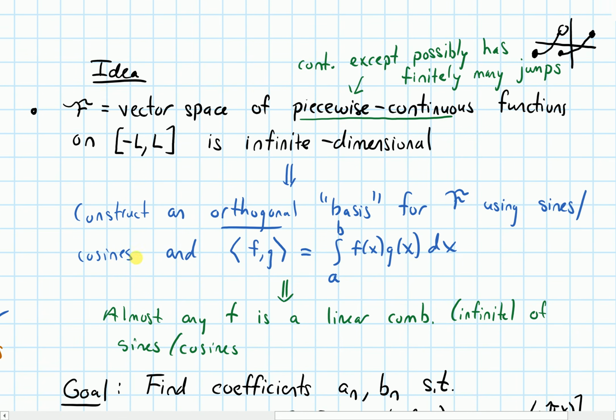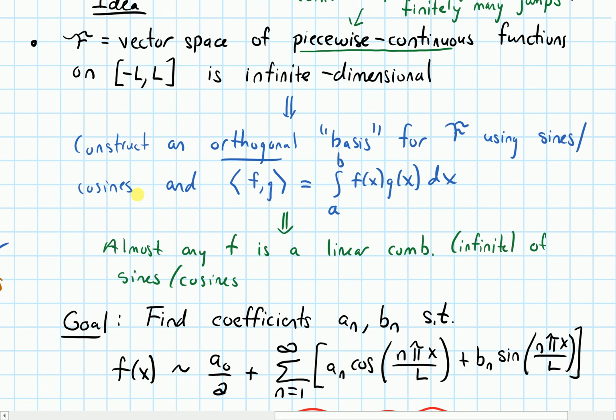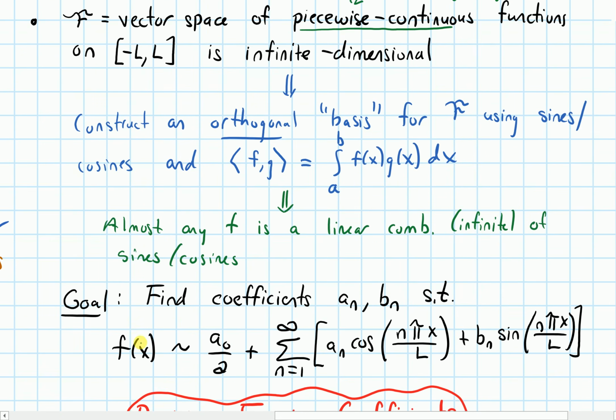Our goal is going to be to try to express f of x in the following form: a naught over 2 plus this infinite series that consists of cosine and sine functions. Now I've written down what's going to be inside the cosine functions and what's inside the sine functions. It's going to look like n pi x over L, inside the cosine and inside the sine.